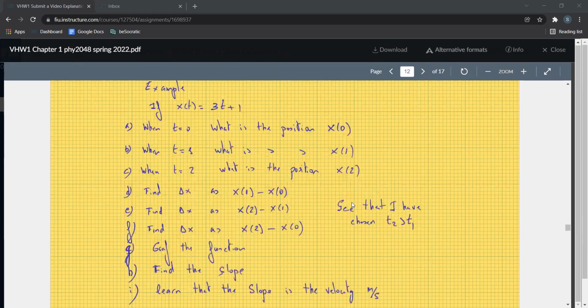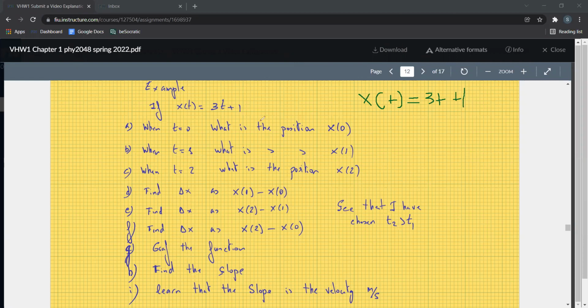So here are some examples. It says here that x of t is equal to 3t plus 1. This is some fun substitution that we can do, so I'm excited to do it for you. Let's use this green color again because I really like it. Okay, so x of t equals 3t plus 1.